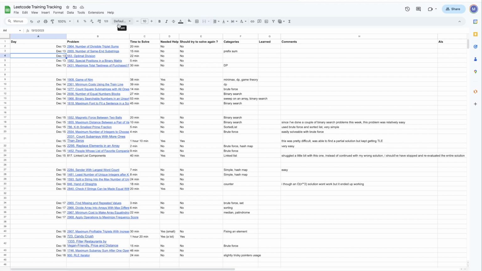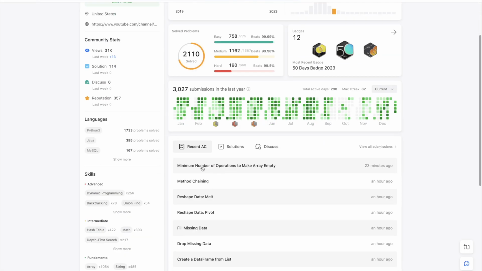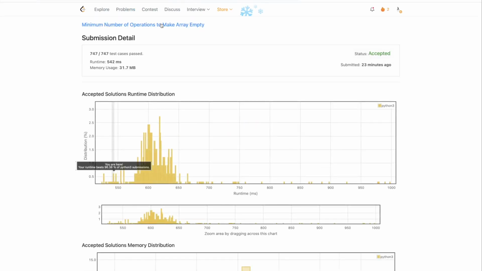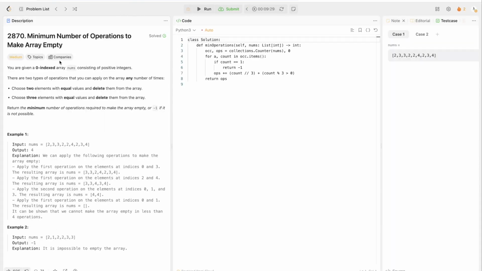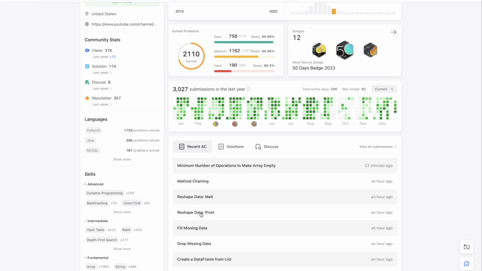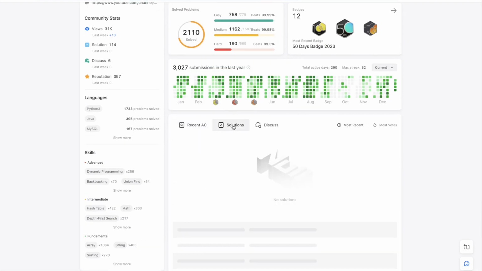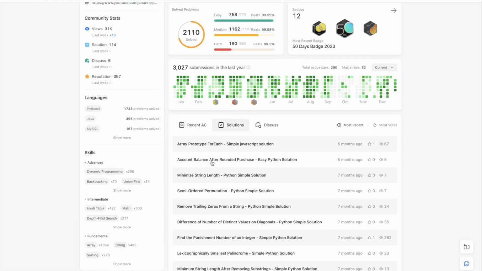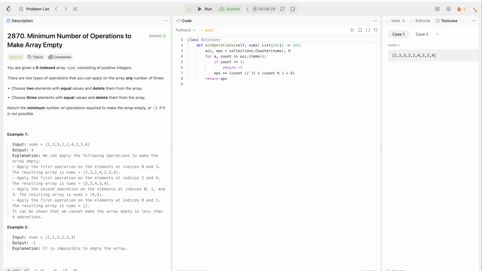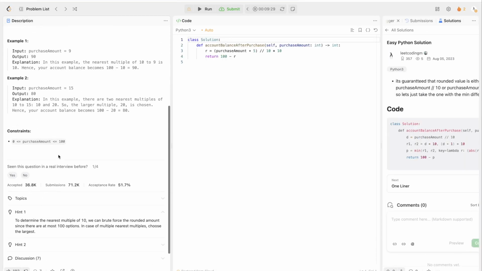Sometimes you need help, for example when you are solving a Leetcode problem, you may need help by looking at the hints. So let's grab a problem here and see. Let's take any problem, for example, this one. Maybe you need to look at the hints.